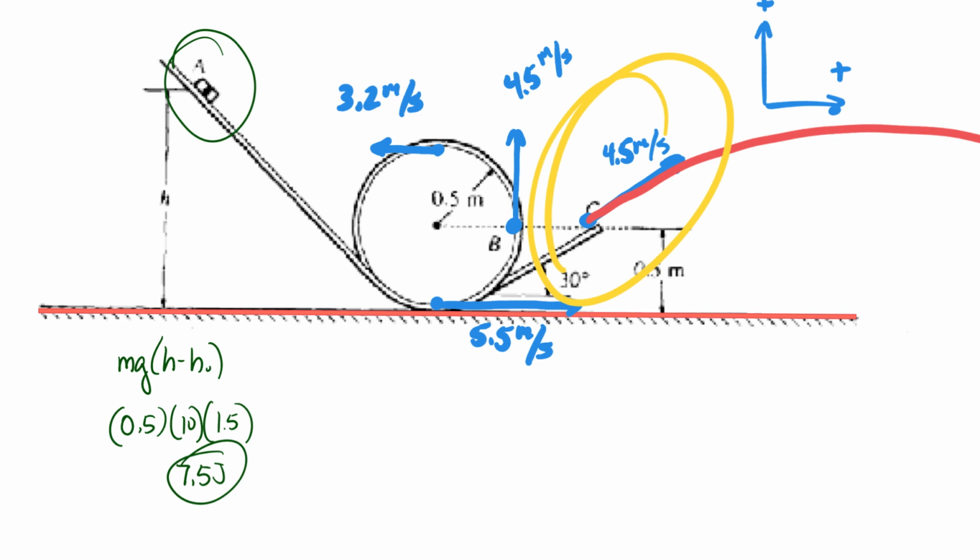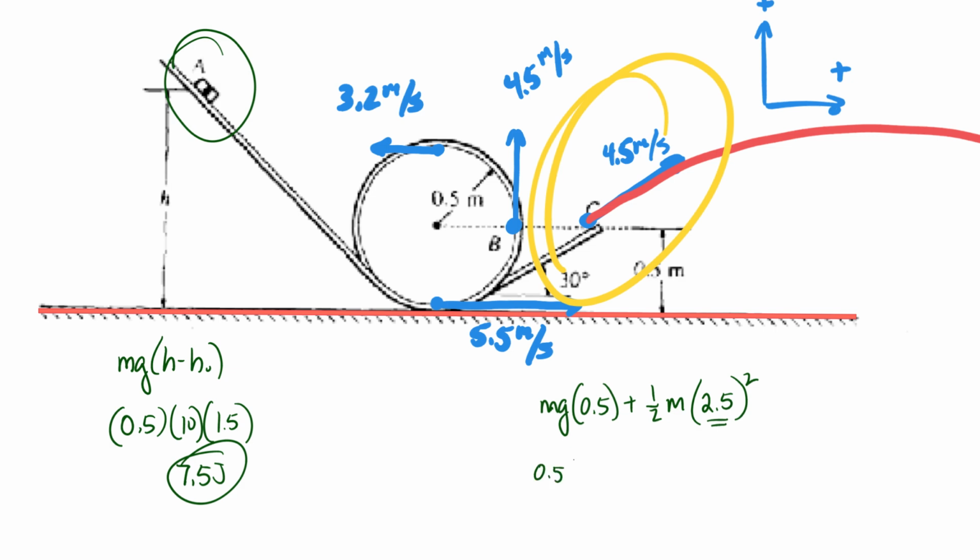However, they say that when we're there, we have mg h, where h is 0.5, plus 1/2 m times 2.5 squared. Instead of 4.5, I'm putting in what they say the car has when we get there, a speed of 2.5.